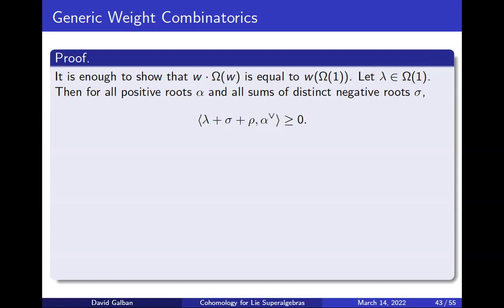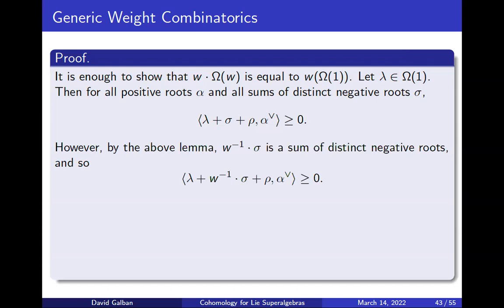So that's just what it means to be in omega 1. By the above lemma, however, the dot action applied to a sum of distinct negative roots is again a sum of distinct negative roots. This is going to force that, again, by definition of being in omega 1, lambda plus W inverse dot sigma plus rho, comma alpha check is again greater than or equal to 0.